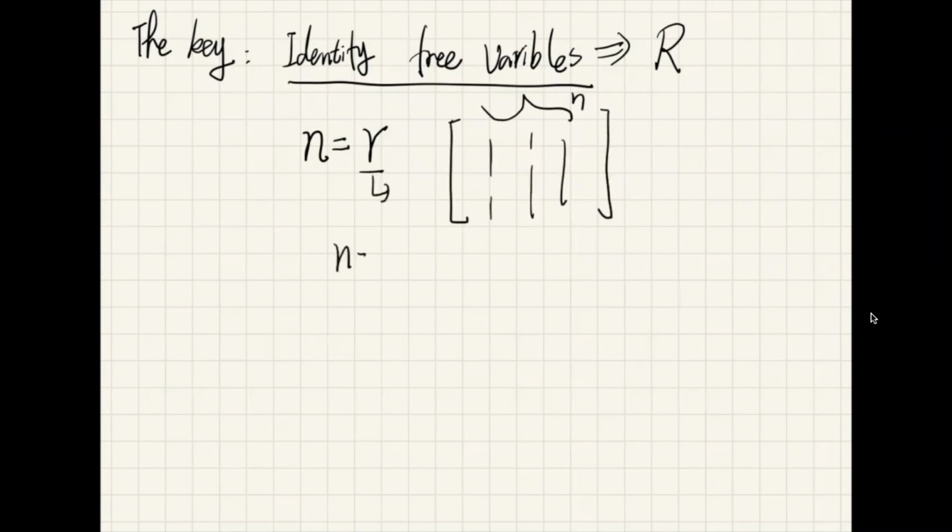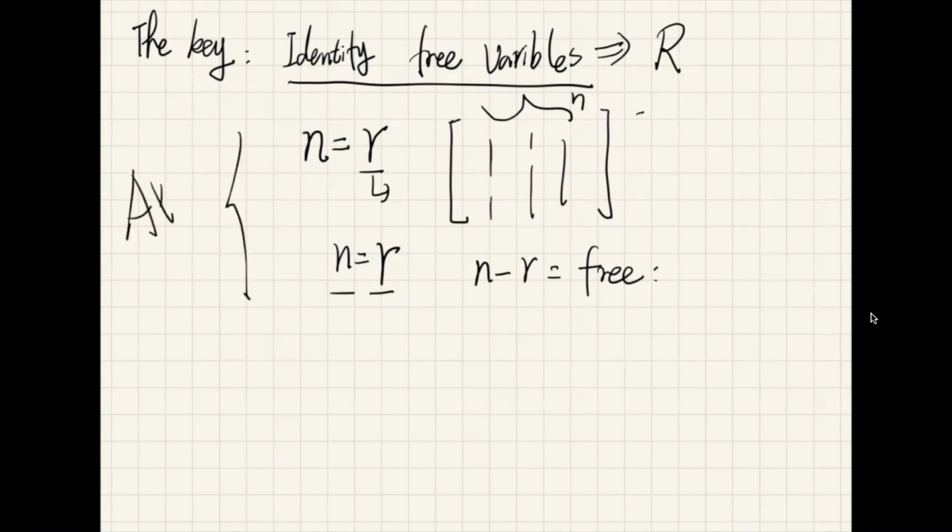If n equals r, it means that it has either only one solution or no solutions. But if n is not equal to r, it means that we have free variables, because n minus r equals the number of free variables. Then if we have free variables, we can get infinite solutions, or we cannot get any solutions because it doesn't satisfy the 0, 0 condition here.